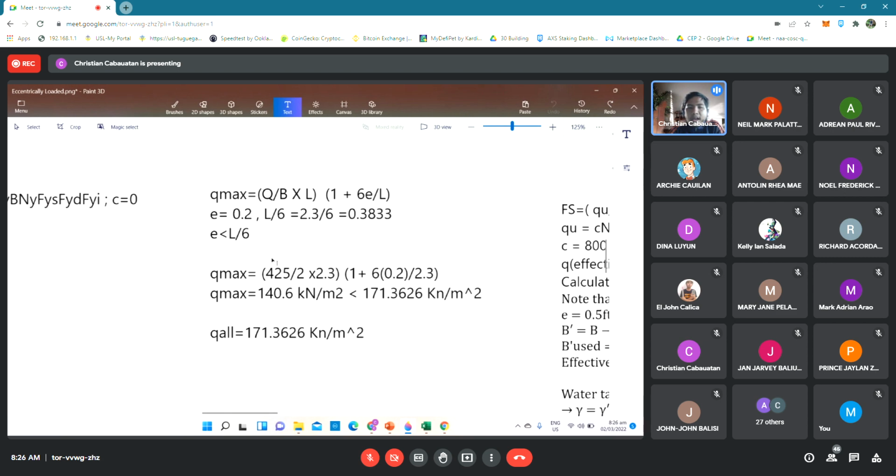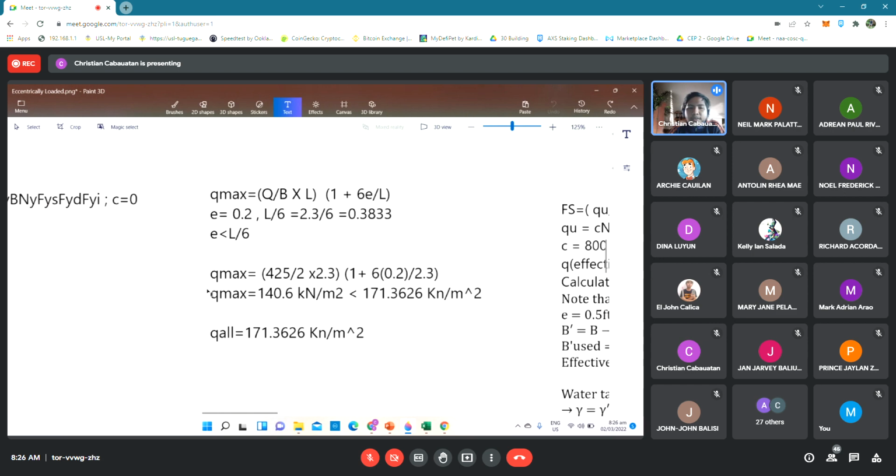Okay? Ang ating Q max ay 425, the Q applied load divided by 2 times 2.3, the original, and then 1 plus 6 times the eccentricity 0.2 divided by L, because the eccentricity is in the axis of L direction.